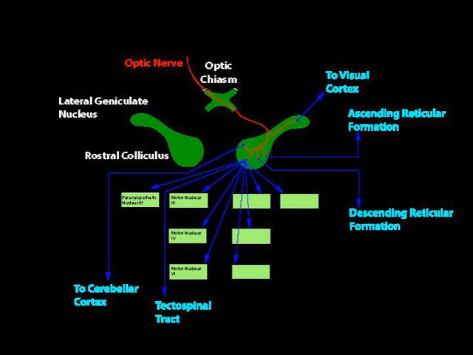So the visual field between the ganglion cell and the concentric cell doesn't change, but there's a whole lot more going on behind the scenes, diverging the information to lots of other places where it's useful.